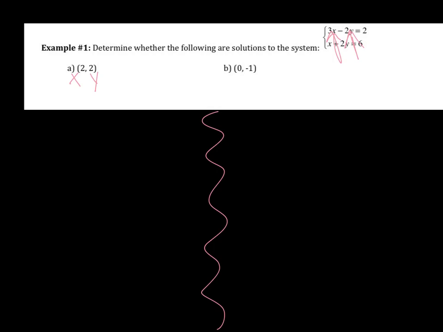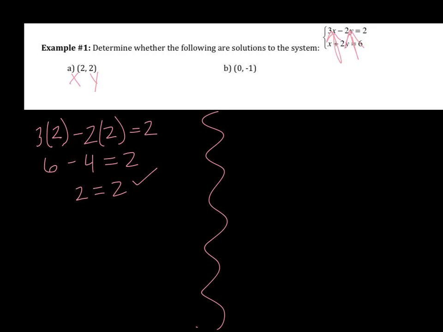So if we're checking, let's plug in 2, 2. Plug in 2 for x, so 3x minus 2y equals 2. So 3 times 2 is 6, minus 2 times 2 is 4. 6 minus 4 is 2, so that works.